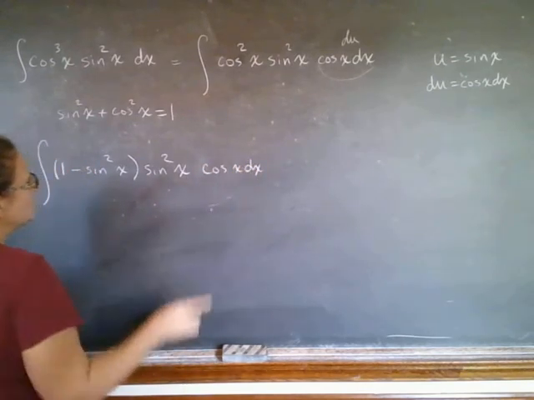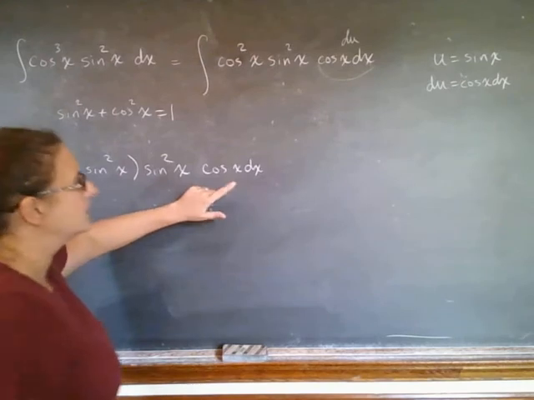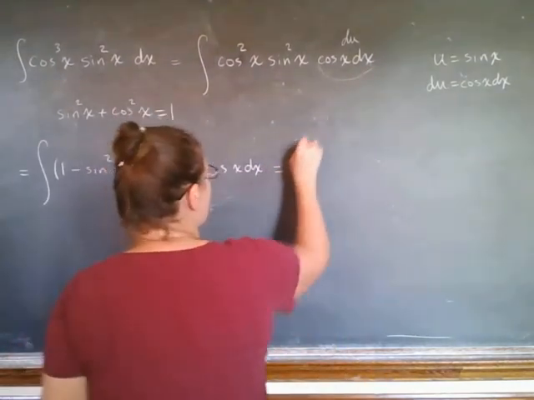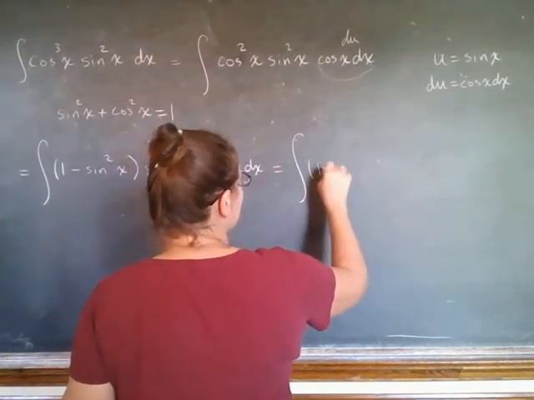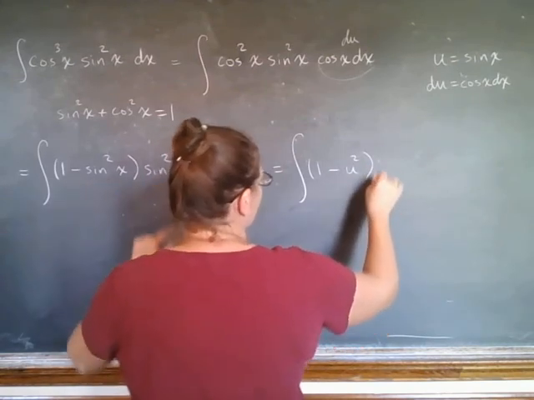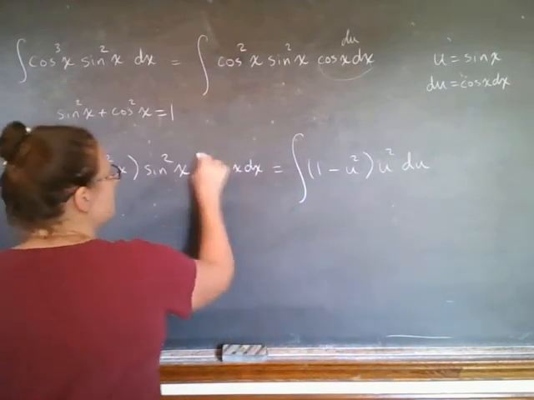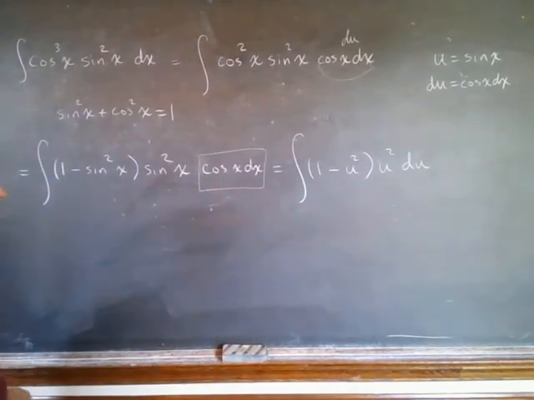I can move this out the way I did, or as soon as I have everything in sine, I can make that u substitution. It's the same, and this is going to be less writing. 1 minus u squared du. Here is my du. I kept it on purpose.